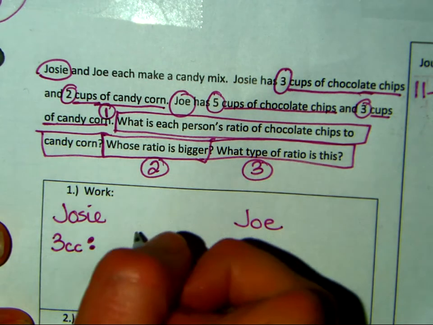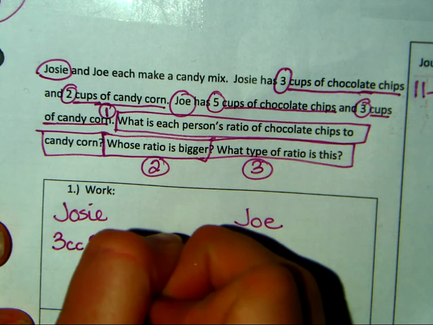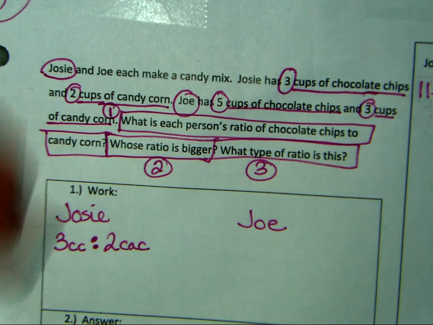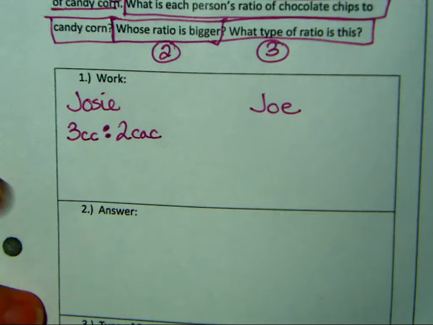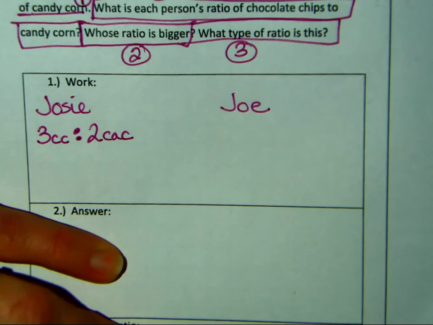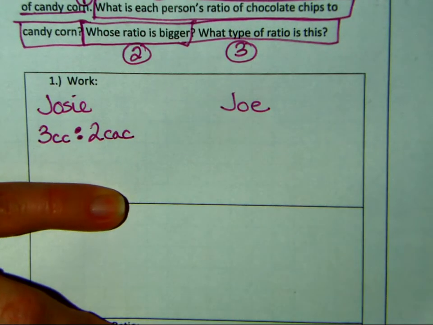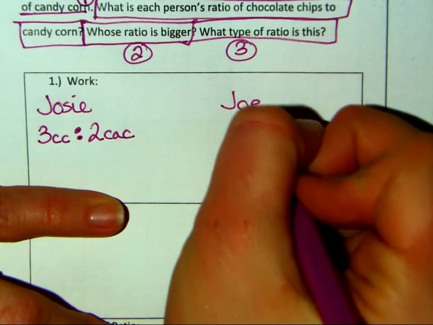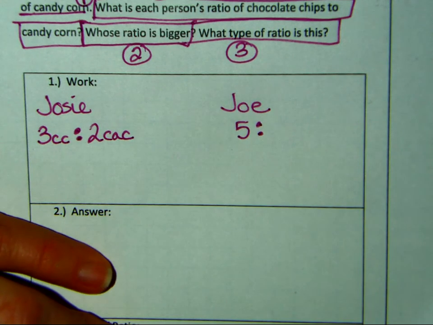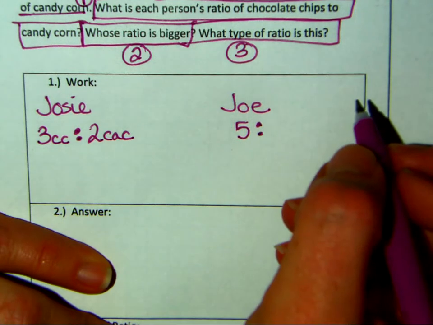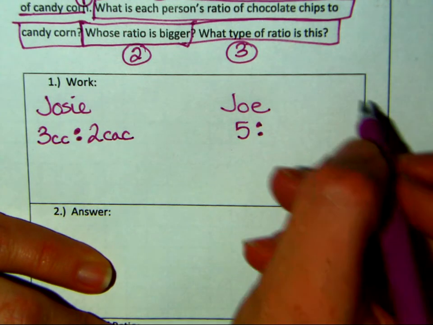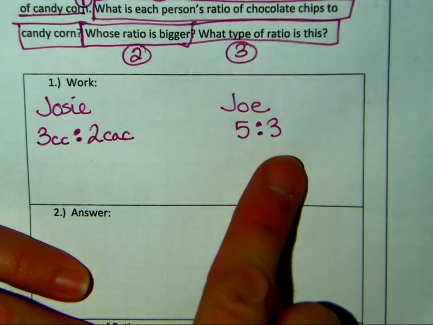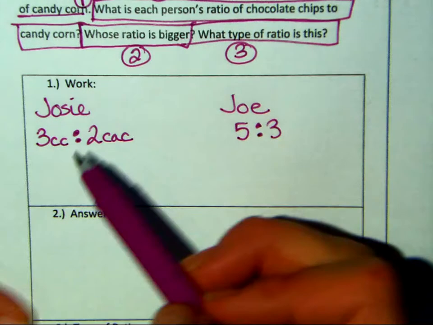Shayla? 2, right. Now how many cups of chocolate chips does Joe have? Riley? 5 cups. To how many candy corn? William? Yes, 3 cups. Good. So we have 3 to 2 and 5 to 3. All right, so we've finished question number 1.